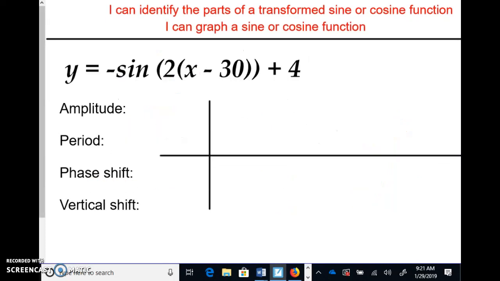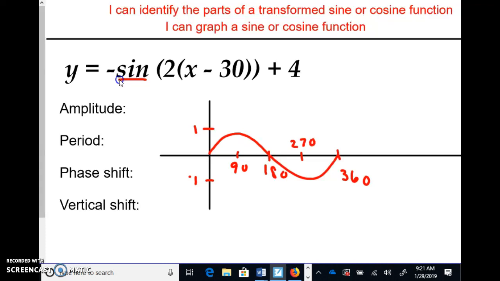So we will do this other example, which has lots of things involved. It has, first of all, sine. So the sine curve, parent graph, is again what we are showing here in red.